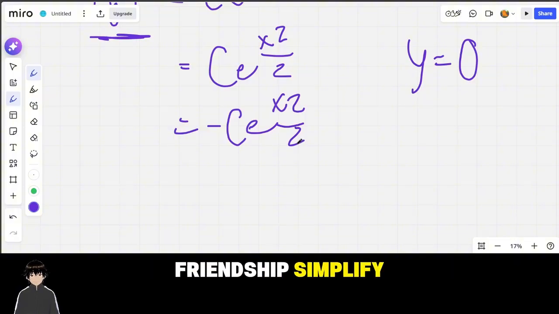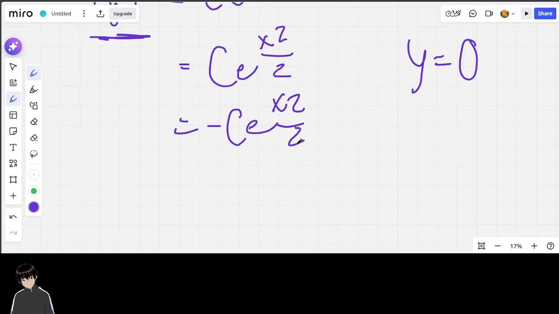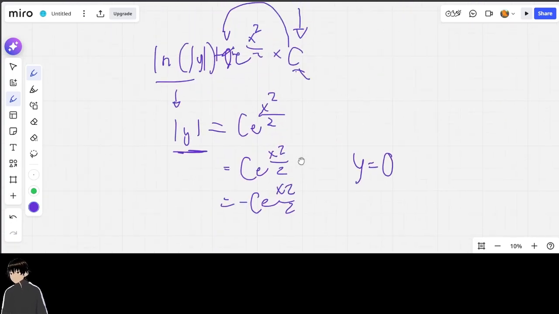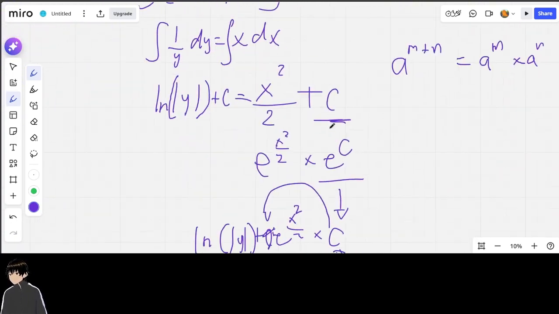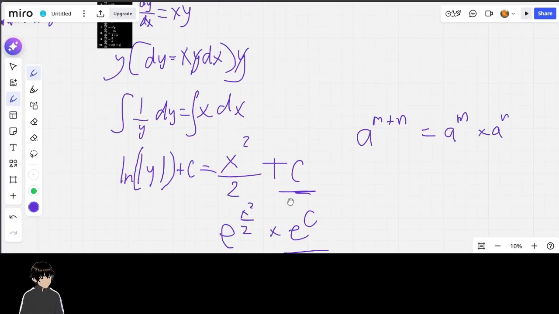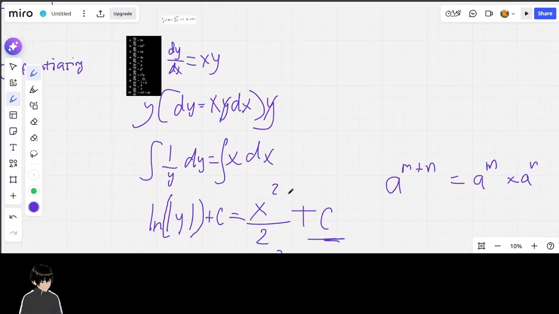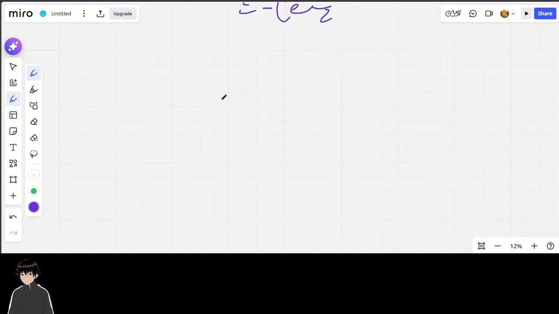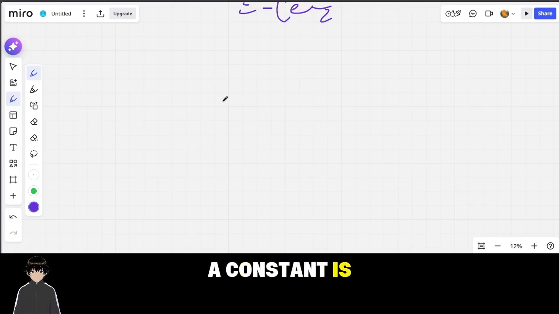Differentiate, simplify. d of dx. The derivative of a constant is always 0.